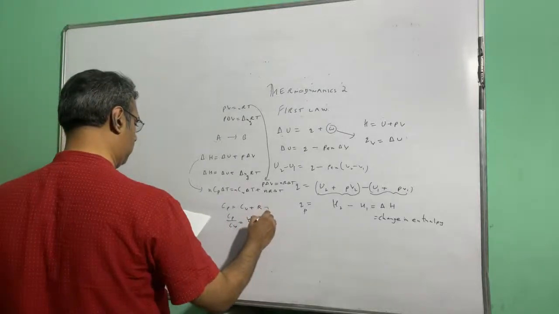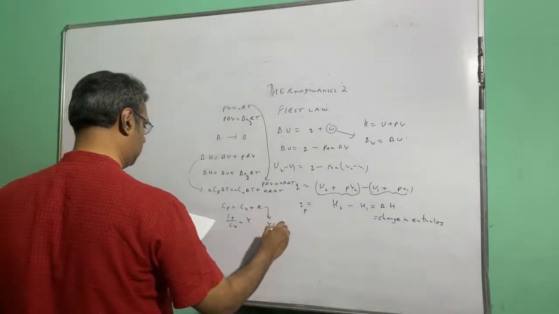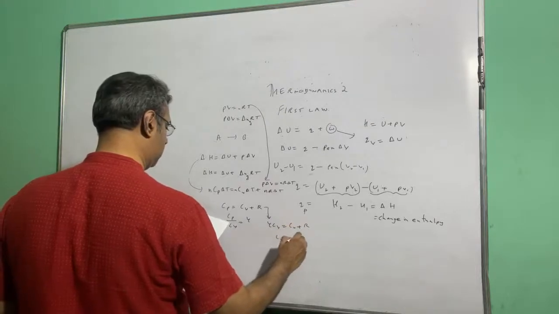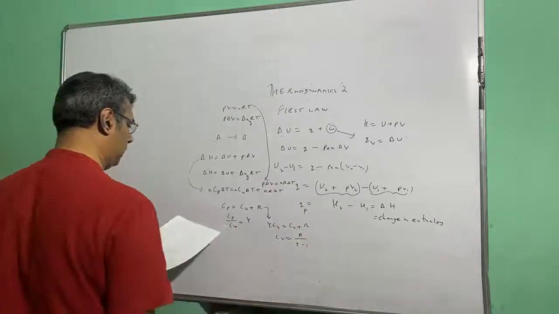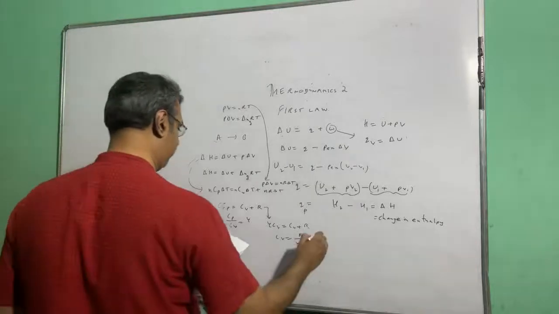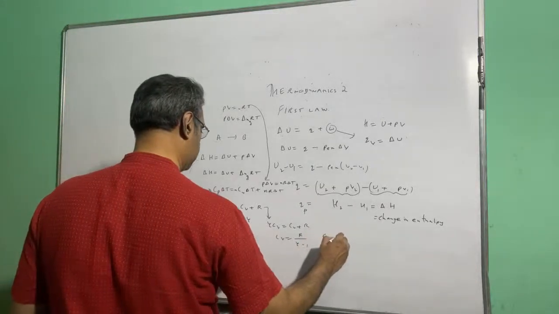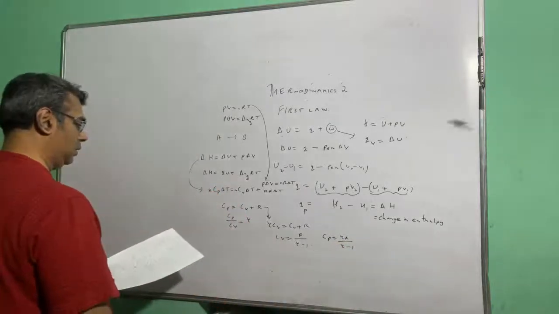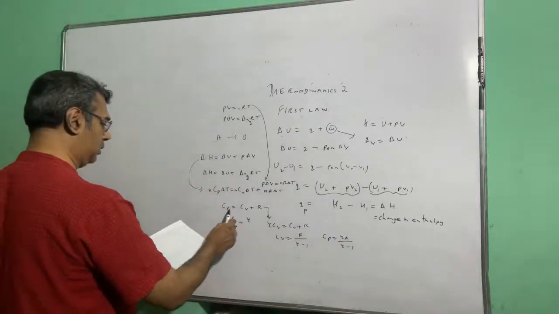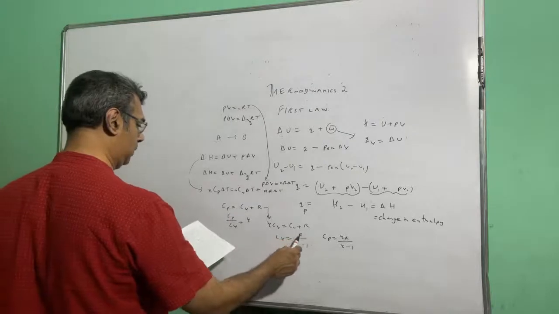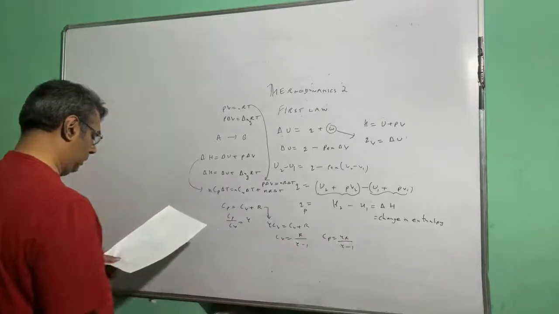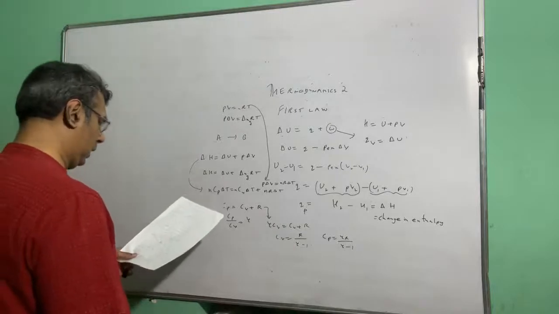So you can write: gamma Cv is equal to Cv plus R. So Cv will be R divided by gamma minus 1, and Cp will be gamma into R by gamma minus 1. So if you replace Cp with gamma into Cv here, gamma Cv is Cv plus R, so Cv is R by gamma minus 1, and Cp will be gamma R by gamma minus 1.